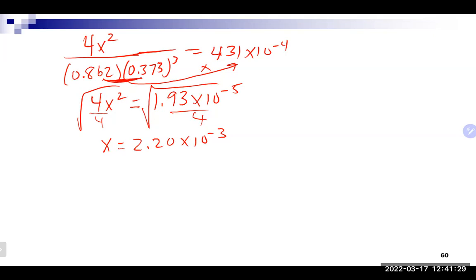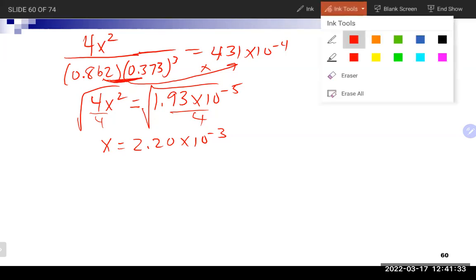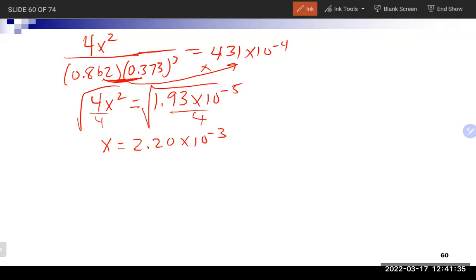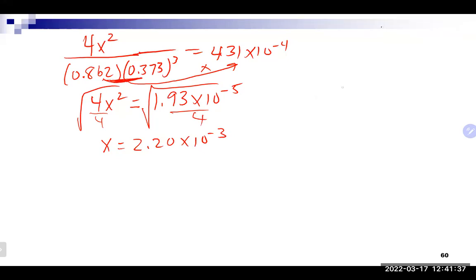Okay, now when we do make this assumption, there are rules. We just can't randomly go about and start assuming zeros on everything, even though we may want to. There is a rule that we will use in this class. There's a couple different ones, but we will use the rule that is referred to as the 5% rule.